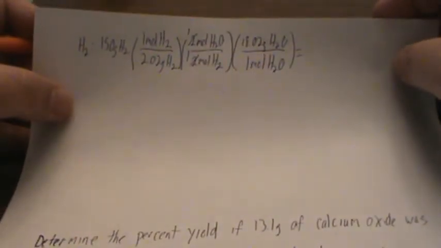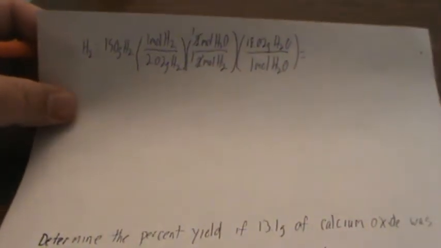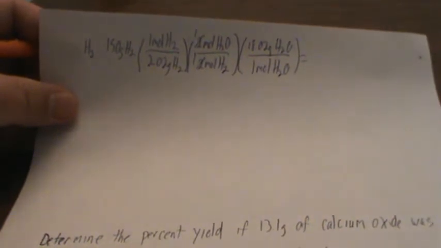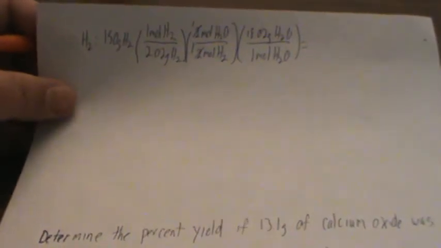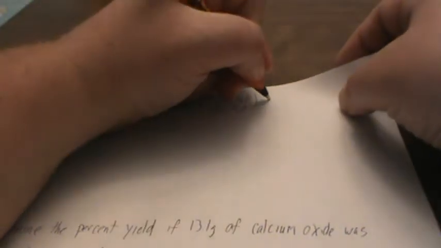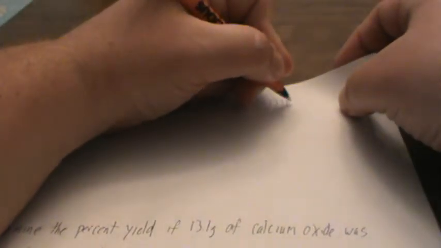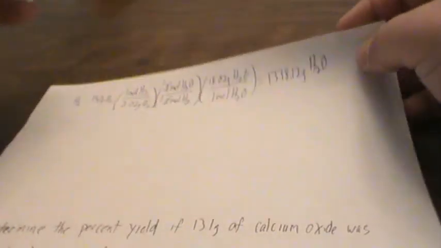So here's our first setup. Now let's run this through our calculator. 150 times 18.02 divided by 2.02. I'm coming up with 1,338.12 grams water.